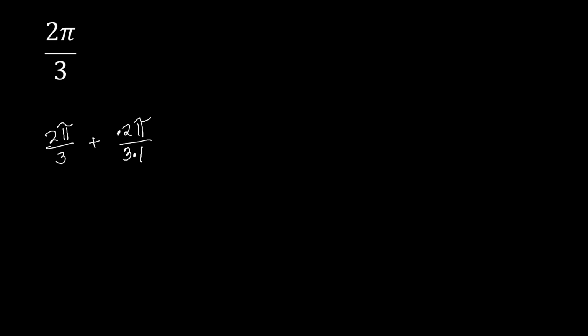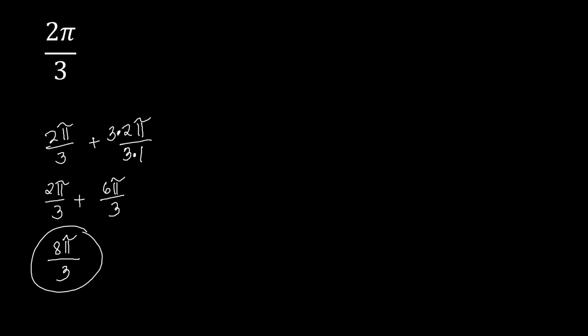At the same time, at the top, we also multiply that one with a 3 so that we do not change the original given. So simplifying that, we have 2 pi over 3 plus 3 times 2 pi, that is 6 pi, over 3 times 1 is 3. So in this manner, we can simply add up our numerators. So we have 2 plus 6, that will be 8, and then copy the pi, and then copy our denominator, which is 3. This one is a coterminal angle with our 2 pi over 3.